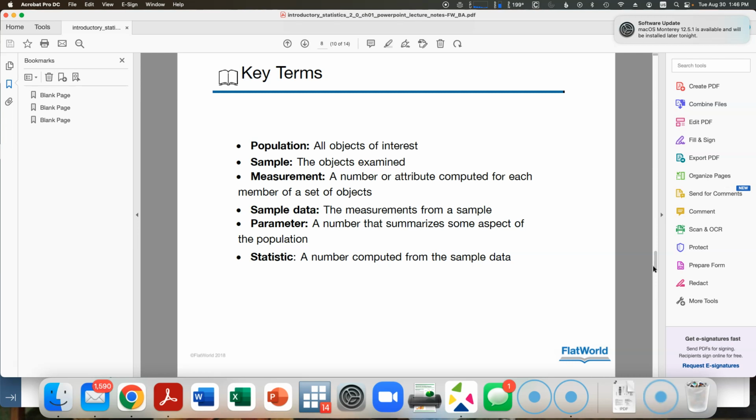Based on that sample data, as we start to describe it, we would be able to draw from it certain parameters that can describe the entire population. And then finally, from that sample data, we can calculate various statistics that describe the overall data and hopefully allow us to make conclusions about the population.